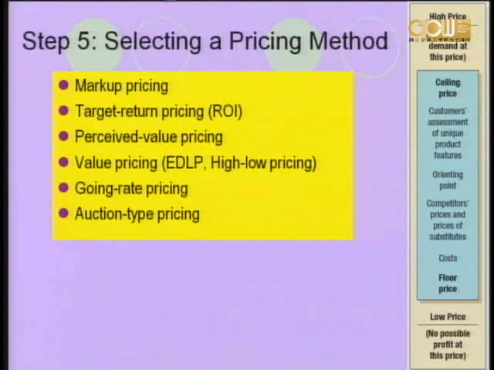Selecting a pricing method. We have markup pricing, target return, perceived value, everyday low price, going rate, and auction type. Everyday low price: which company uses that? Walmart uses everyday low price. Which company uses high-low pricing?